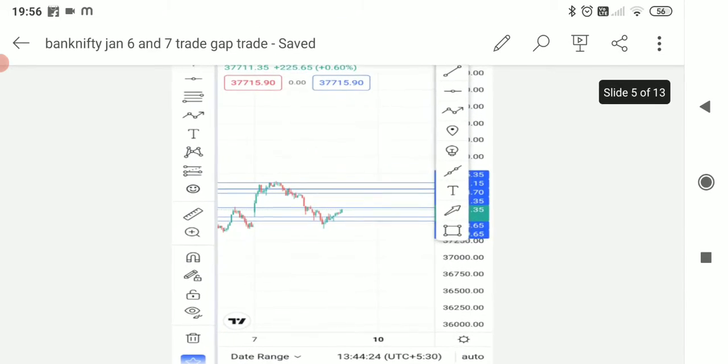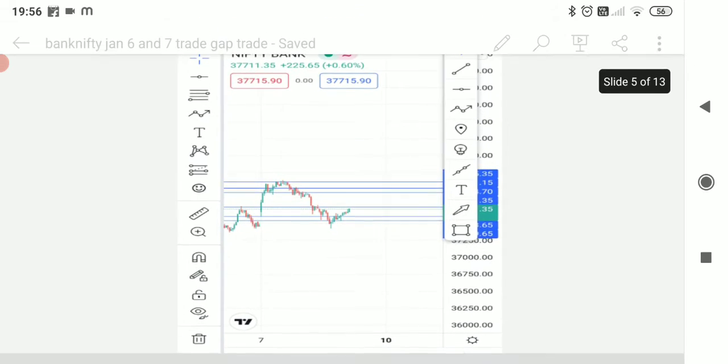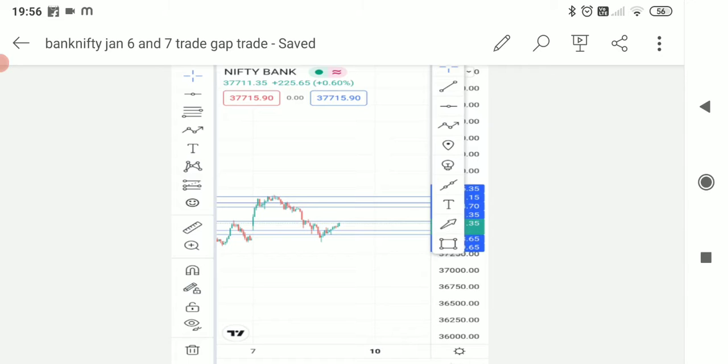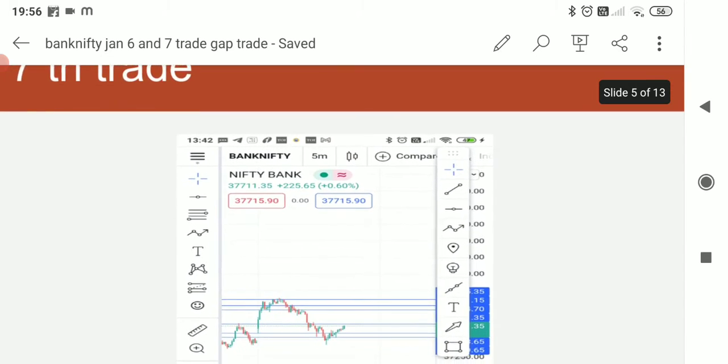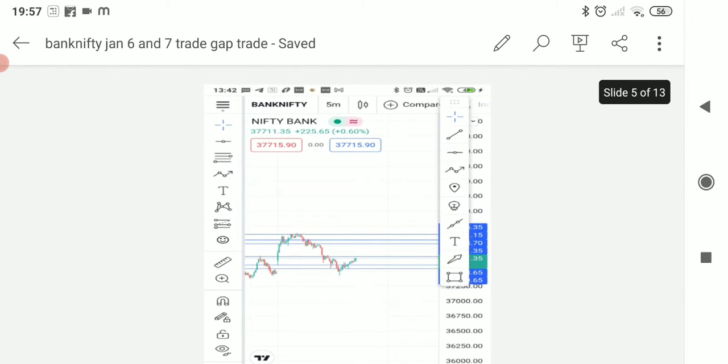Look here. This is the June 7th trade. If you see, it opened gap up and it covered a little of that gap. It took that gap as support, and it moved back again.